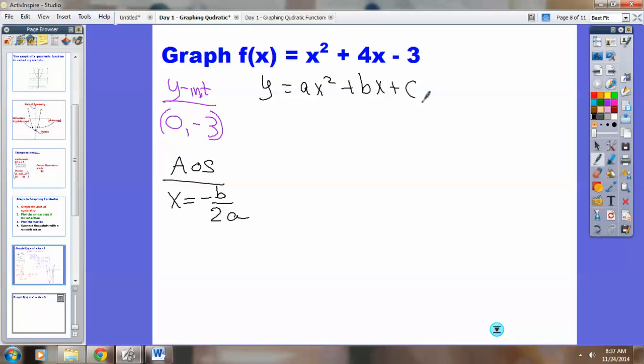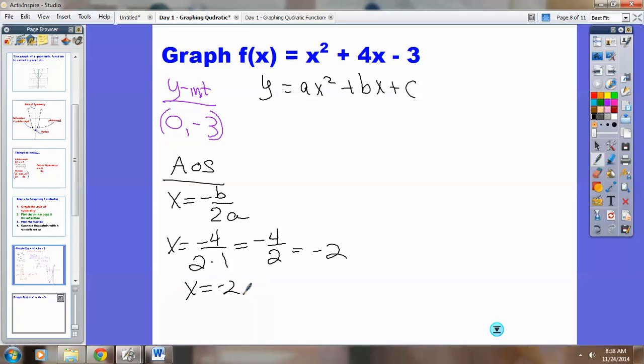Now we're ready to find our vertex. To find our vertex, we take the value that we used for the axis of symmetry and plug it into our function for x. We're going to find f of -2. -2 squared is -2 times -2, which is 4.